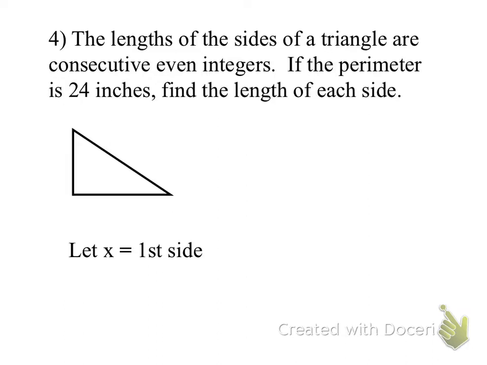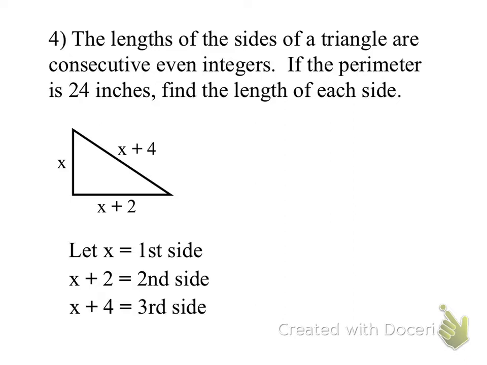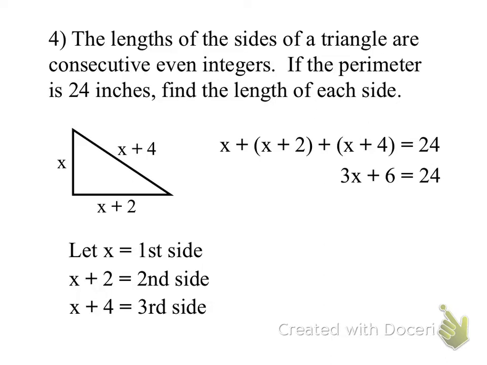What are we calling the second side? It says even integers, so we're doing x plus 2. The next side. And then we add them all up and set it equal to the perimeter. 3x plus 6 equals 24. Subtract the 6. 3x equals 18. Divide by 3.